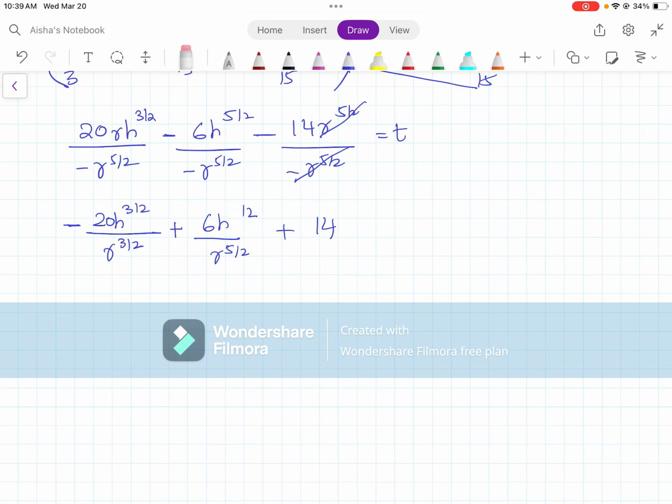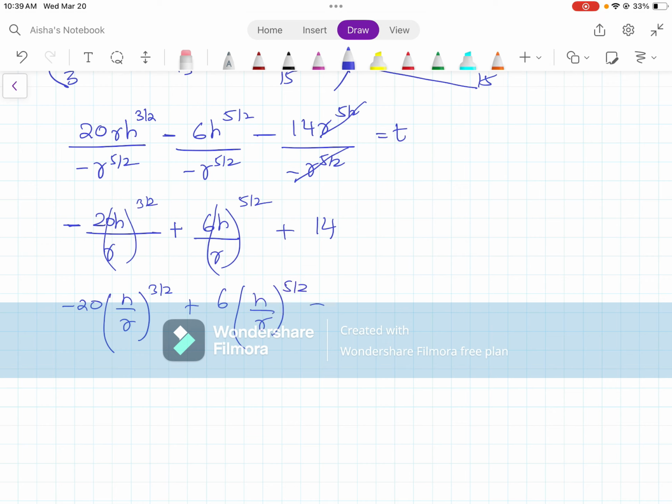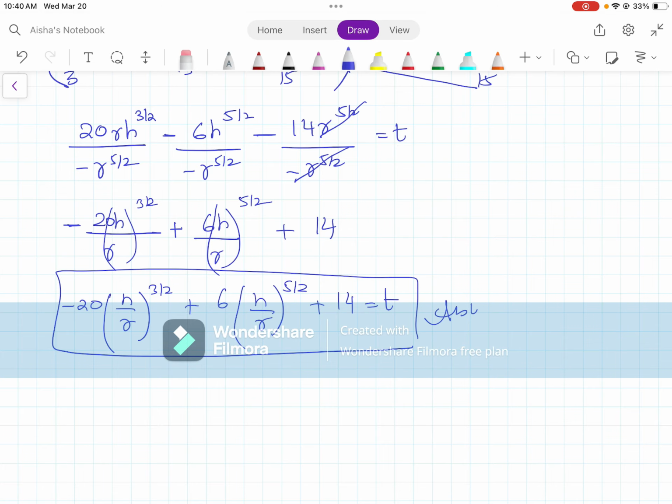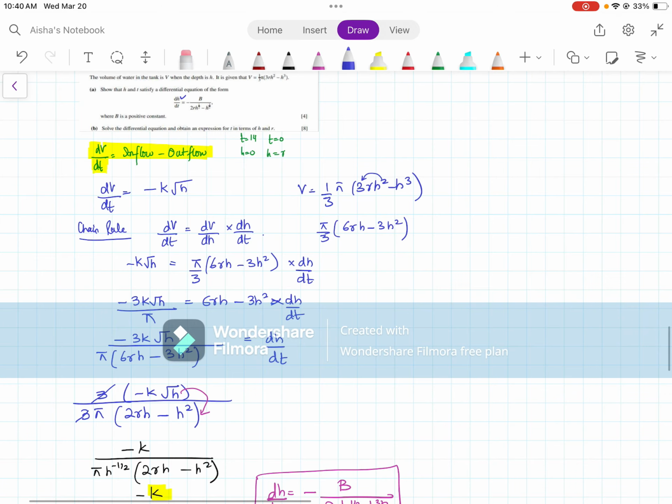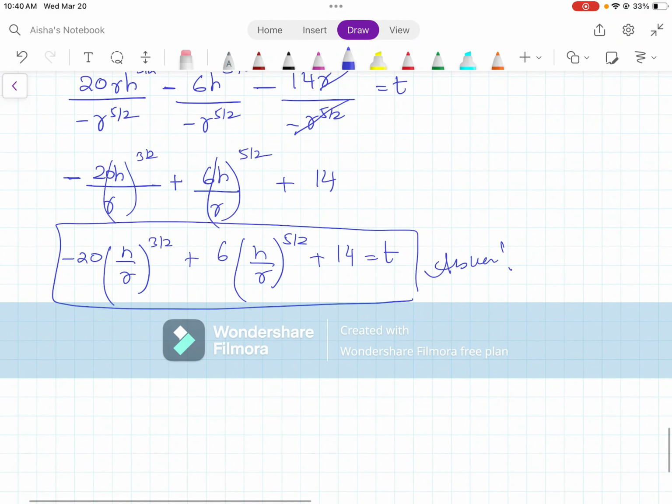We can further simplify, writing this as a complete power 5 upon 2 and this as a complete power 3 upon 2. Now the next part, I think that's about it.